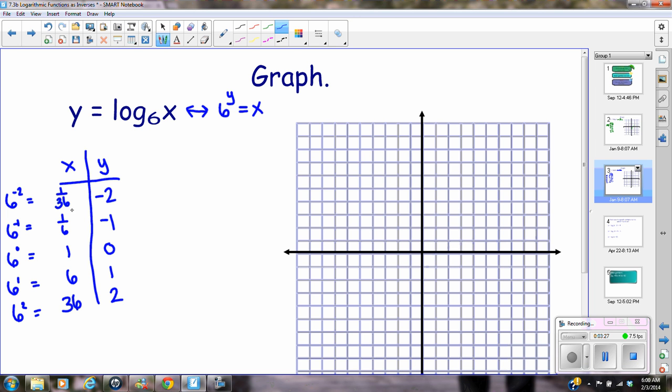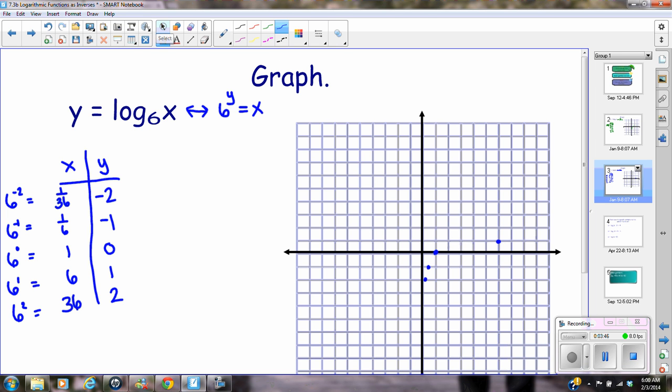So now we can graph these ordered pairs. If I go to 1/36, so just barely anything on the x, and down to -2 on the y. 1/6, -1, 1, 0, 6, 1, and then all the way out to 36 before it gets to 2.